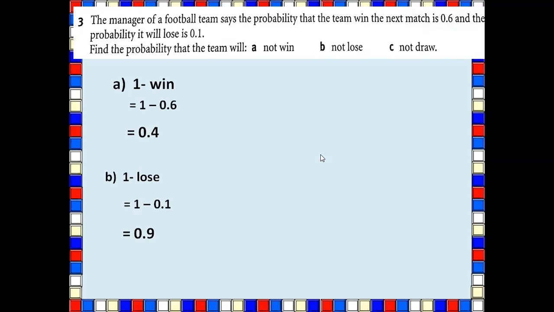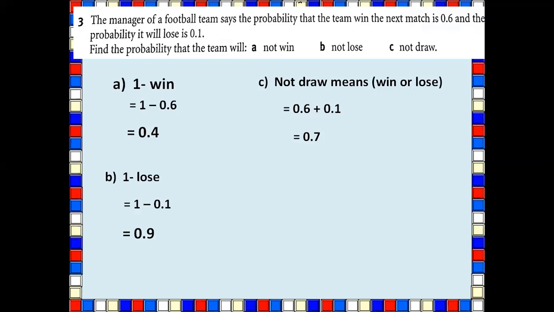So you have the information about winning and losing. Not draw means they will win or lose. Winning is 0.6 and losing 0.1. So 0.7. Not draw means win or lose. So 0.6 plus 0.1, which is 0.7, yes.